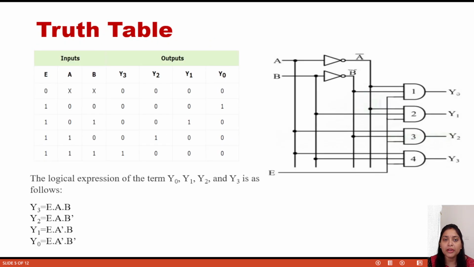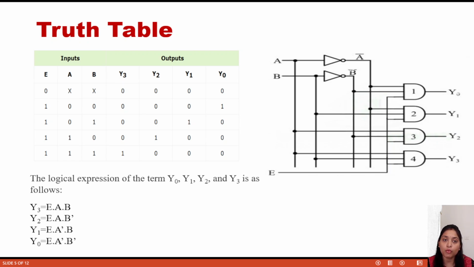Now coming to the truth table. This is the enable input, the A and B inputs, and these are the 4 outputs, Y0, Y1, Y2, Y3. When the enable input is 0, the circuit will not work.